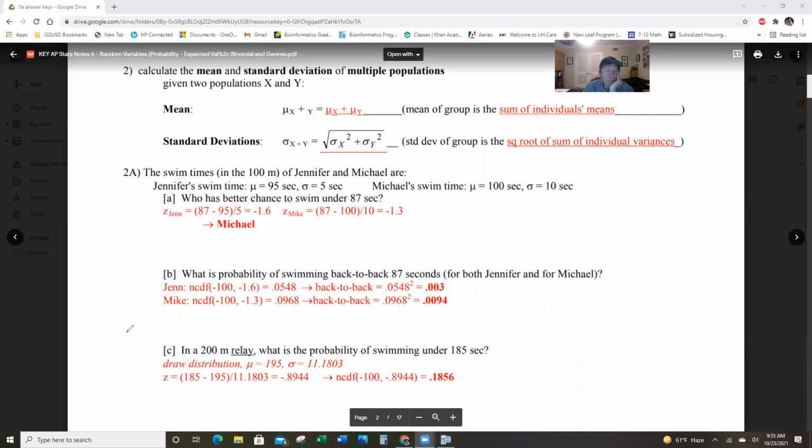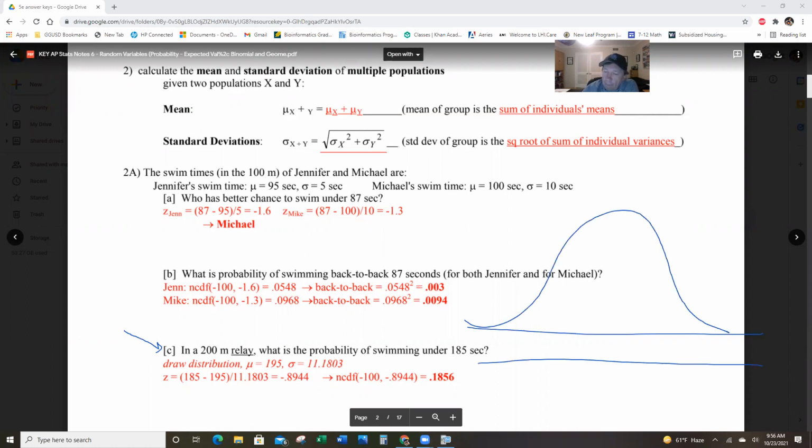Okay, in a 200-meter relay, part C, what is the probability of swimming under 185 seconds? In the 200-meter relay, what we're going to do is add up their times. Typically, in the 200-meter relay, their mean is going to be 195. I got that just by adding. And then we want it under 185.